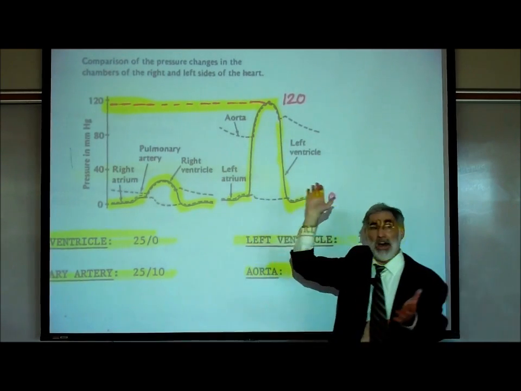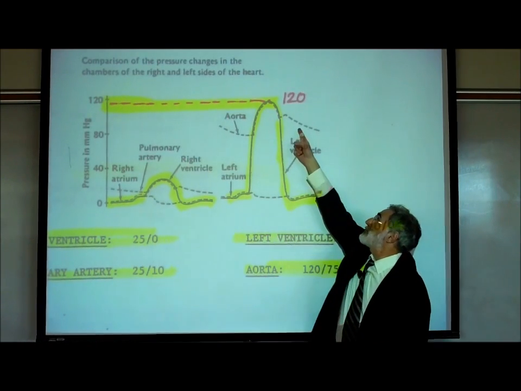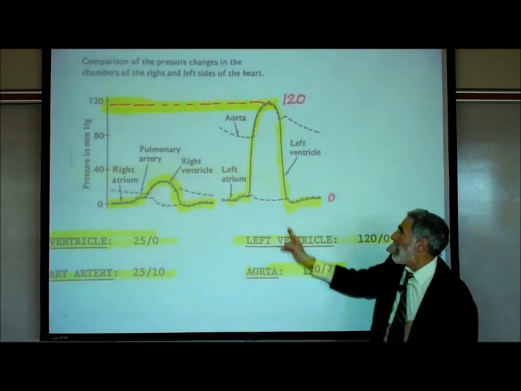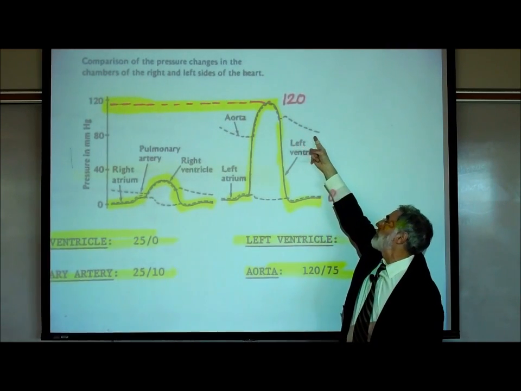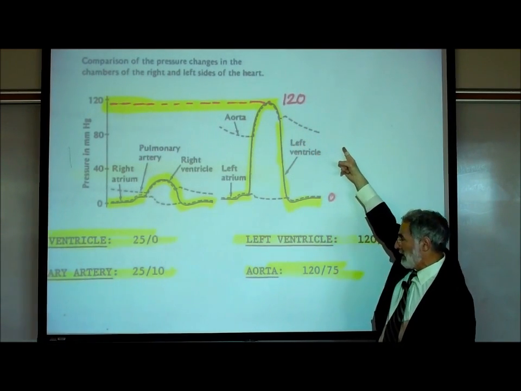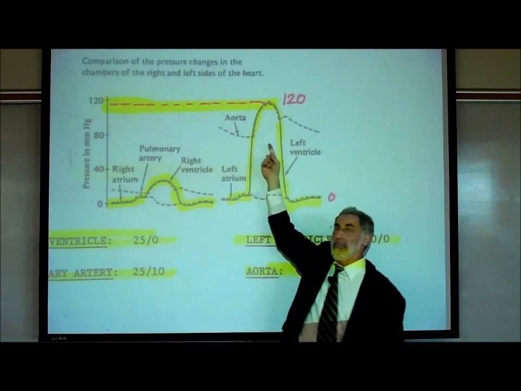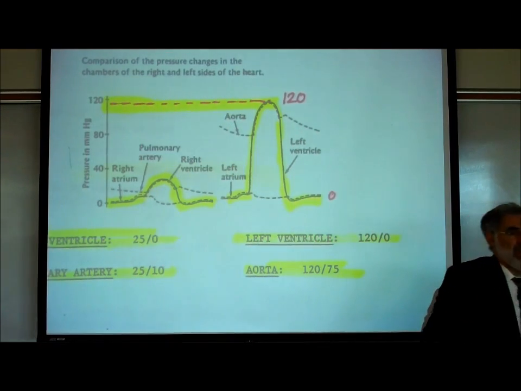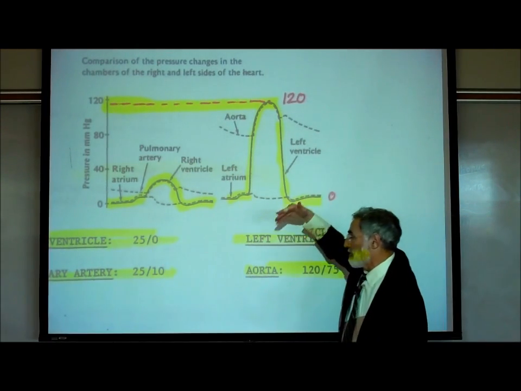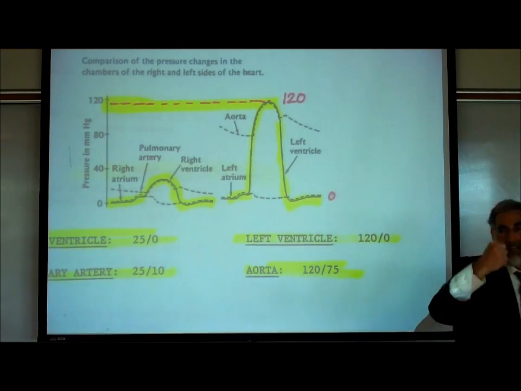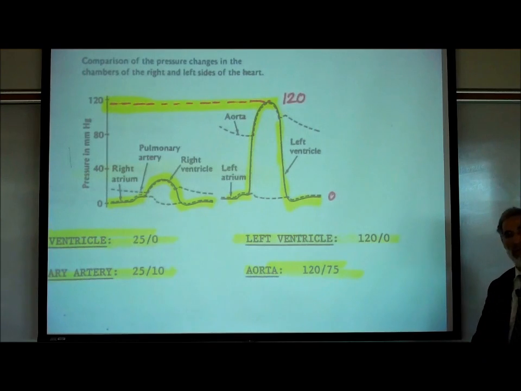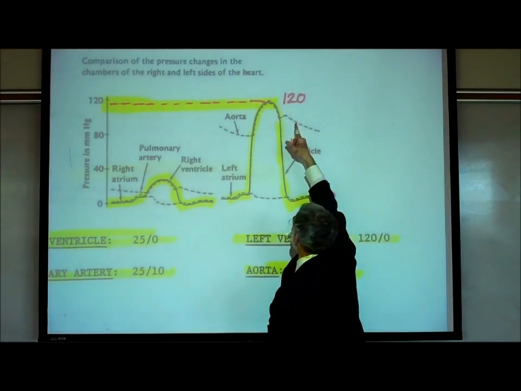When the aortic valve shuts, the pressure in the left ventricle drops rapidly to 0. The pressure in the aorta starts to fall gradually. And it typically falls to about a low of 75 or 80. And by the time it reaches 75 or 80, the left ventricle has recycled, and it's ready to eject more blood out into the aorta and raise the pressure back up to 120.